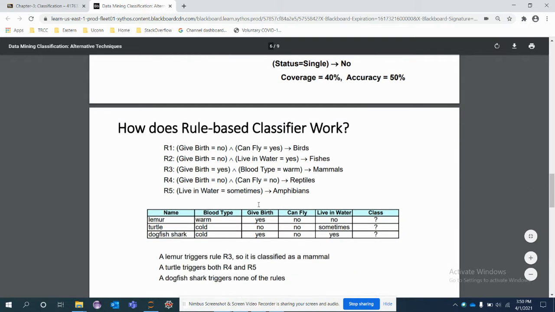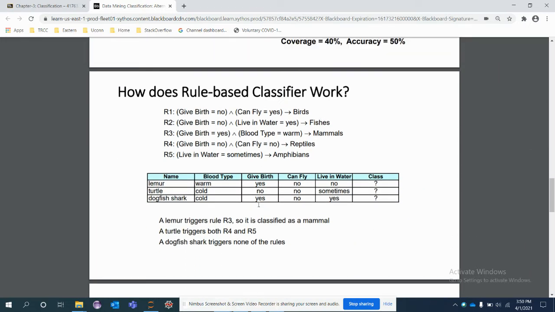So here is one example of how the rule based classifier works. For the lemur, turtle, and dogfish shark, these are some of the given rules. The lemur will trigger the rule R3. If you compare this, give birth yes, and blood type warm, that is why it is satisfying the R3 rule.